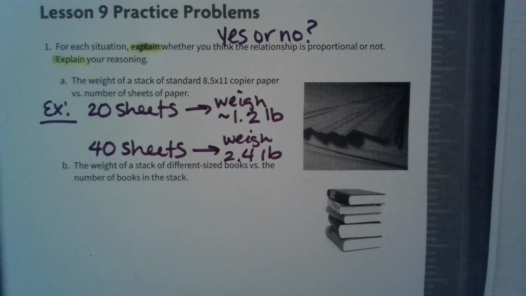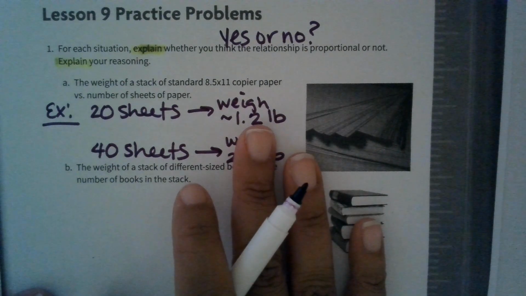So we need to understand, is there a relationship between the stack of paper, the weight of it, and how many sheets of paper? The answer to this is yes. There is a relationship. Okay? So let's do 1A. Yes. Because.